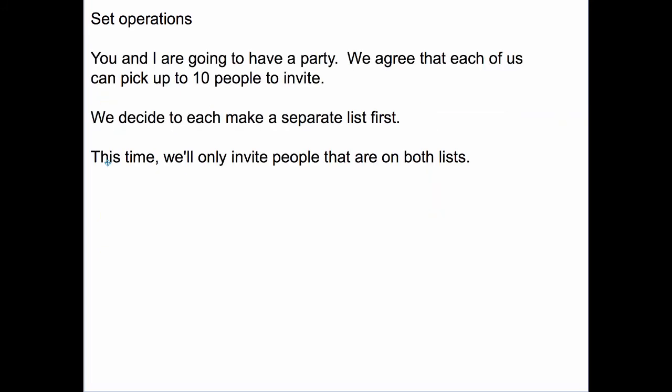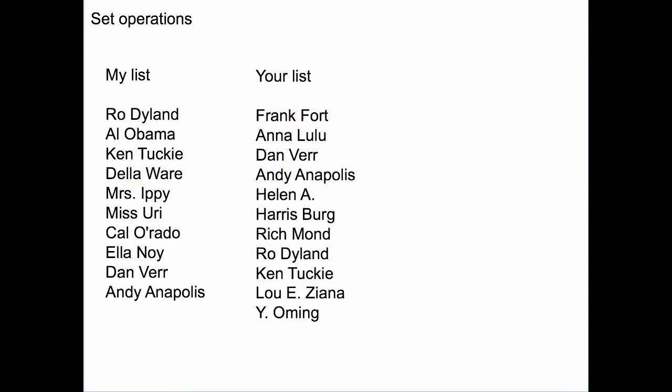Now, let's learn about a second set operation. Once again, you and I are going to have a party, and we each agree that we can pick up to 10 people to invite. We're going to make a separate list first, but this time we're only going to invite people that we have on both of our lists. So, here are the two lists.